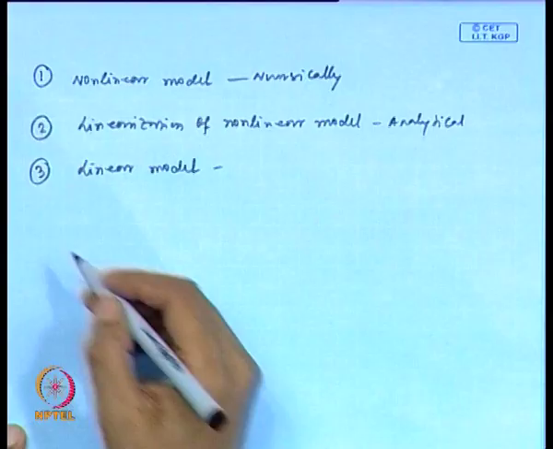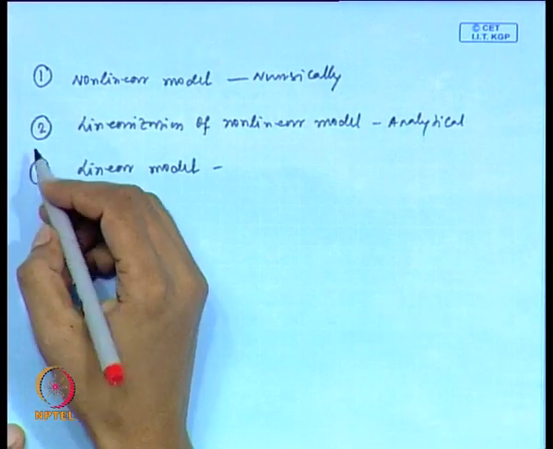So, there are three options. One is development of a nonlinear model and solution by numerical techniques. Another is to linearize the nonlinear equations and follow the analytical solutions, and the third is to develop a linear model structure and simulate analytically. But this third option was used in the past. Nowadays, it is not used due to the advancement of different mathematical techniques. So, this option is quite old, and we will not discuss it any more.